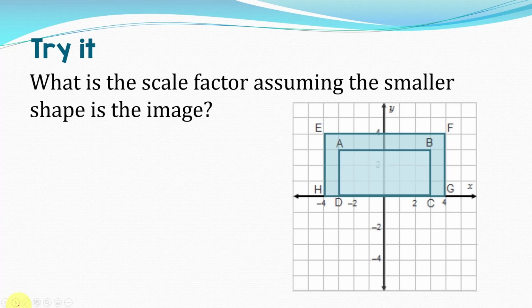What's the scale factor assuming the smaller shape is the image? So we went from the big one to the small one. So let's take the coordinate, we'll just do x's again. The x-coordinate of F is 4.